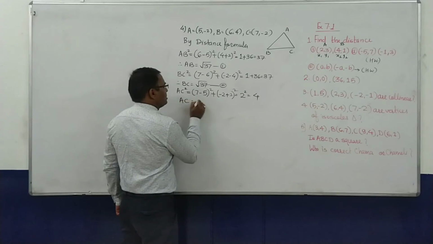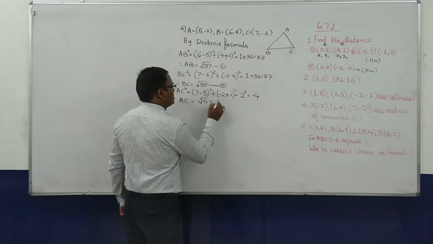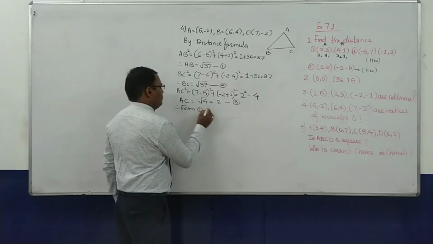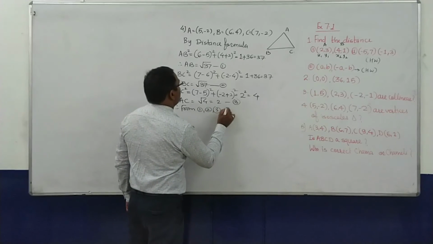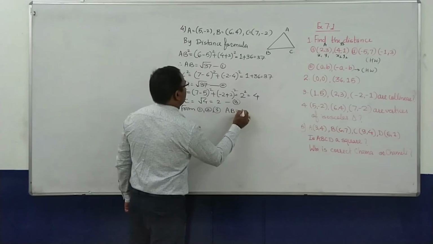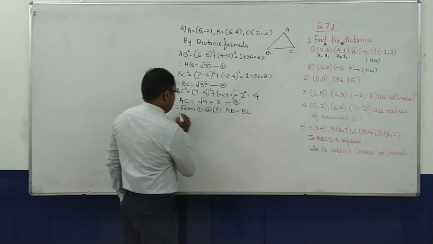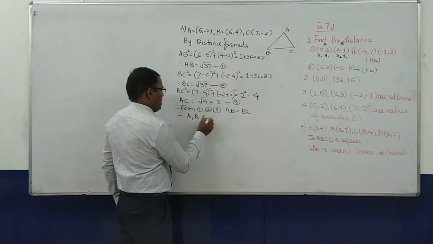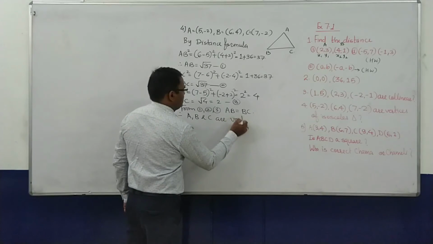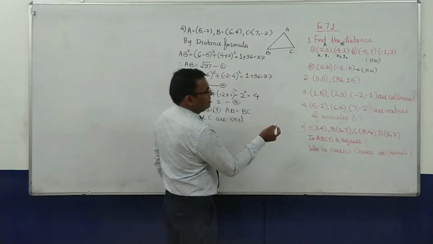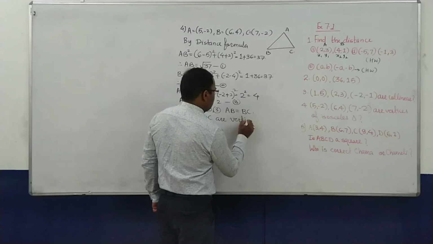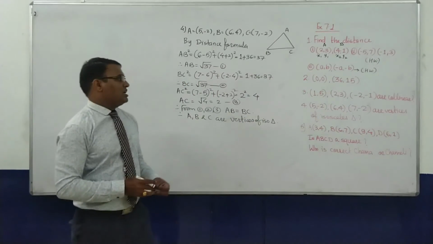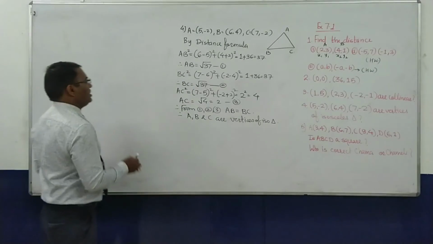So AC is equal to under root of 4, or is equal to 2. So what we can say, from 1, 2 and 3, AB is equal to BC. Therefore we can say, triangle ABC, A, B and C are vertices of an isosceles triangle. Right?